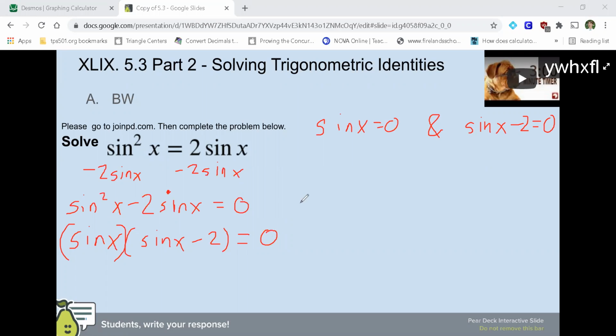The idea being, if either of these values could be 0, it doesn't matter what the other factor would be. Anything multiplied by 0 is 0.